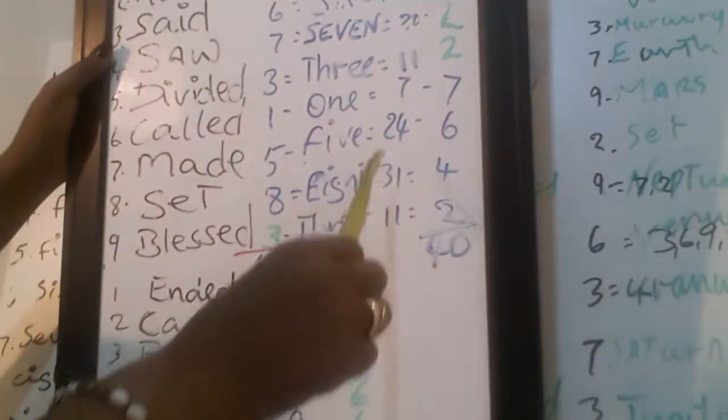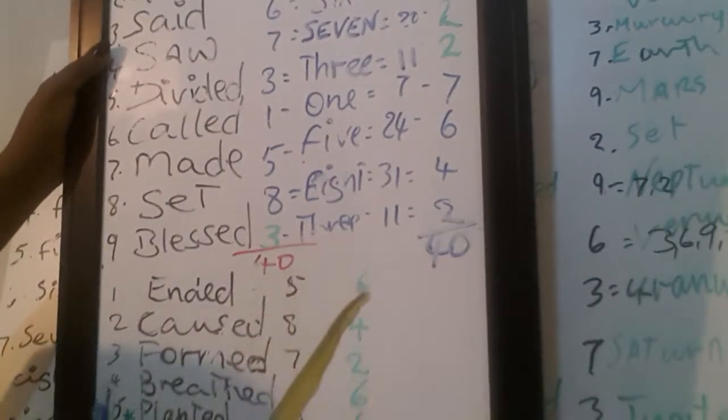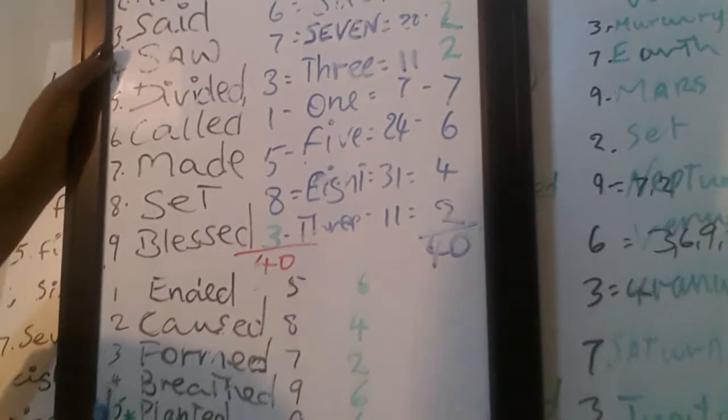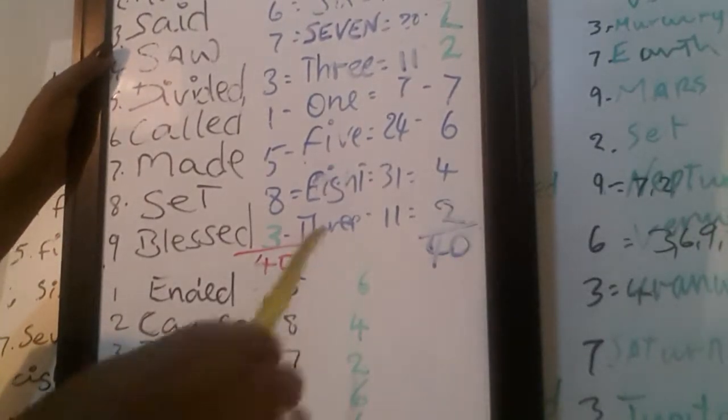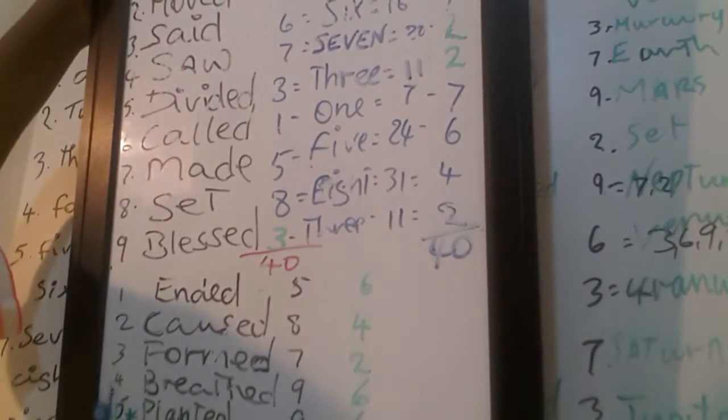Let's look at this again. So in the word form, we have 2 6s in the word form of the 9 gods of Genesis chapter 1. So basically in total, we have 5 gods, or 5 6s. 5 of the gods have 6 vibration.